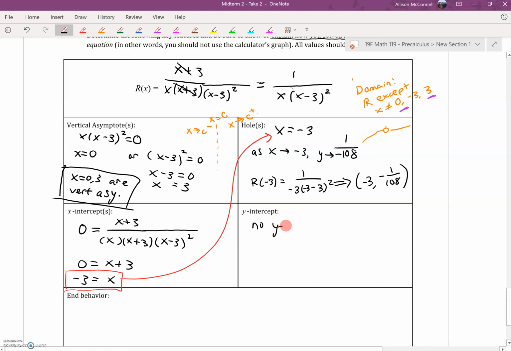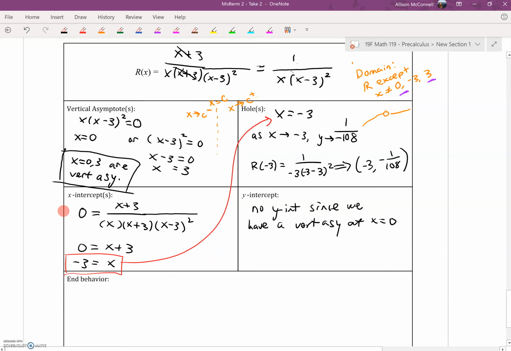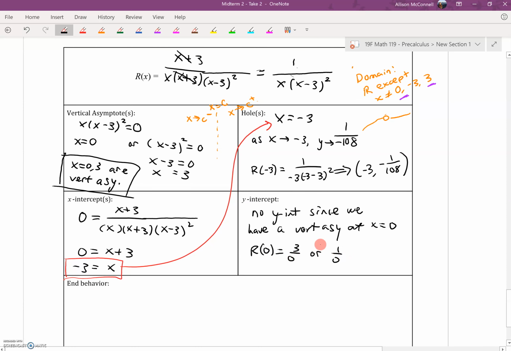So no y-intercepts, since we have a vertical asymptote at x equals 0. That would be sufficient. You could also show that you calculated r of 0 and that you substitute 0 in for your x values and that you end up with either 3 over 0 if you used the first equation or 1 over 0 if you used that simplified equation. Which we know won't do anything for us. And so we would be done there.